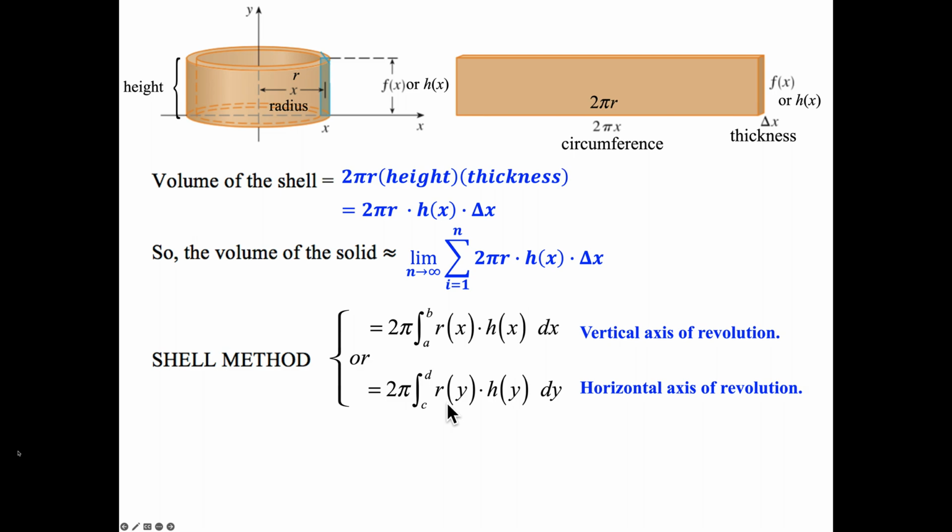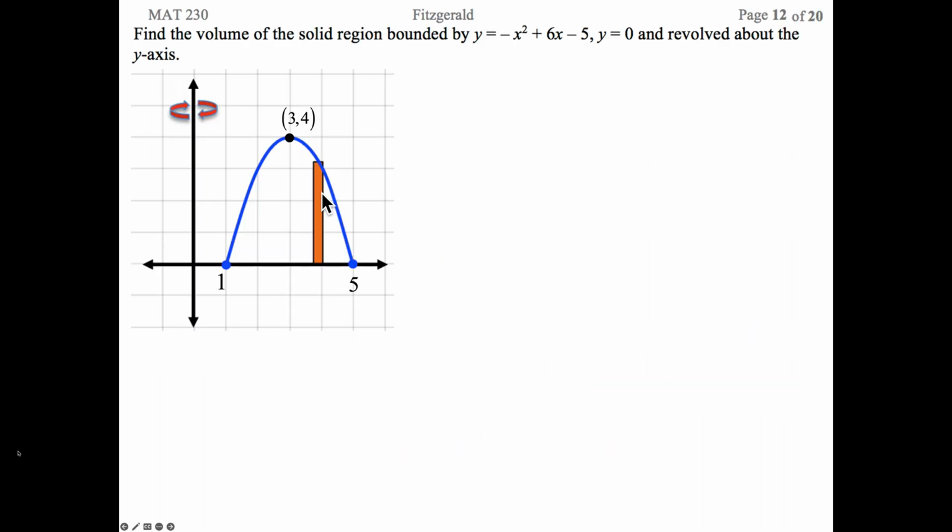All right, so let's go back to that ugly example where we said the washer technique wouldn't work. Here we are. The highest point of this parabola is (3, 4). Here's an x-intercept of 1, here's a 5, so this is where I'm going to integrate from 1 to 5, lower bound, upper bound.